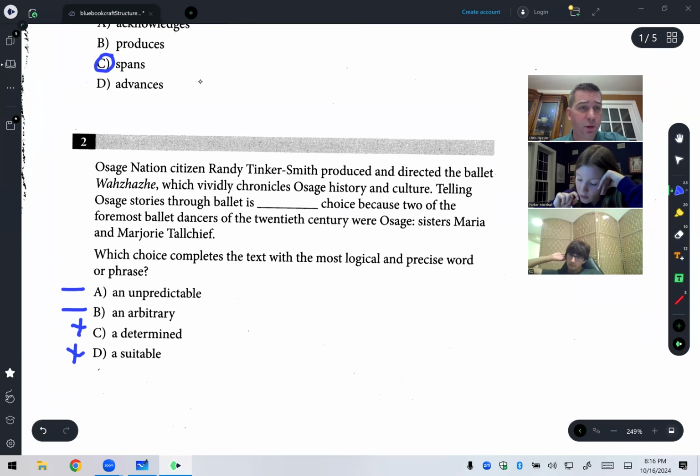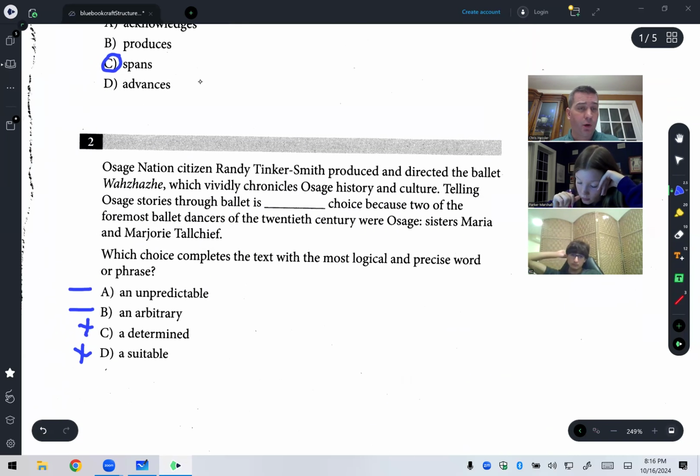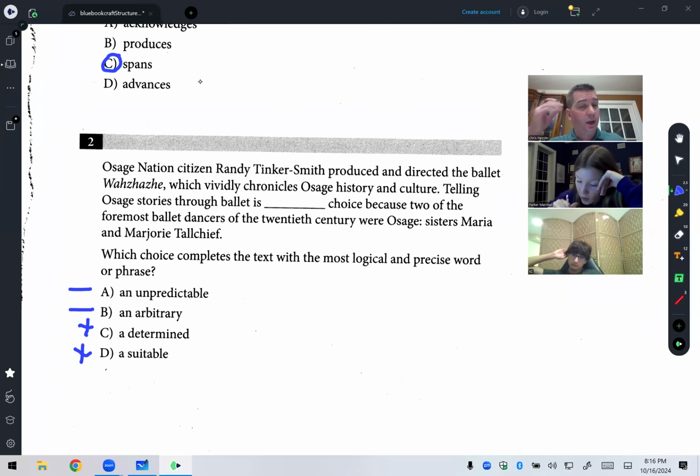Let's look at number 2. I noted the charges of the words here too. It could be an effective way to eliminate 50% of the answer choices right away. Osage Nation citizen Randy Tinker Smith produced and directed the ballet Wahzhazhe, which vividly chronicles Osage history and culture.